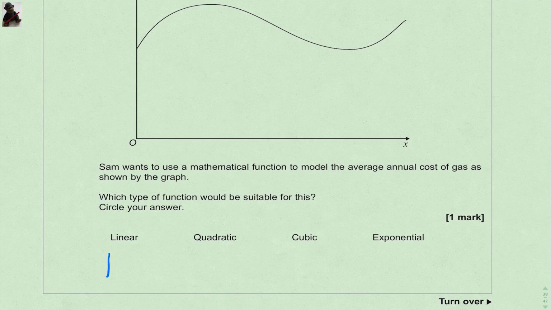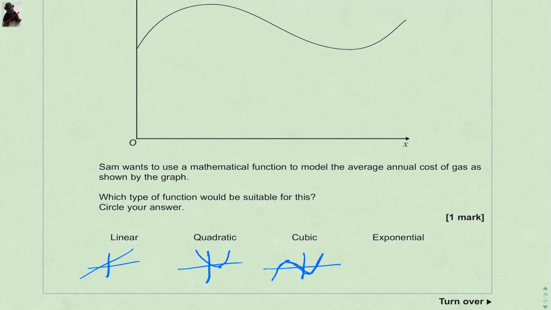Linear graphs are basically just a straight line. That's linear. Quadratic, we know what quadratic graphs are. It's basically like that. Cubic, we know what cubic graphs are. They're more like that. So they have two turning points, not one, two. Quadratic has one turning point.